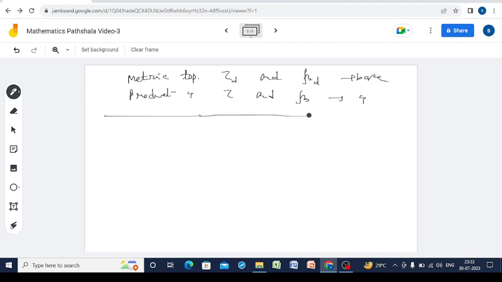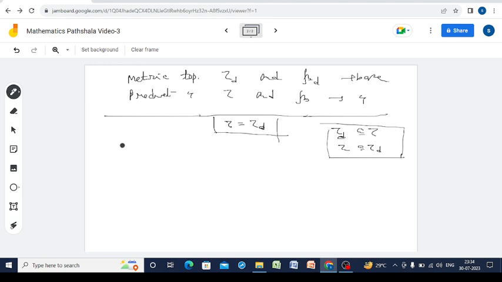This will be our notation, and what we need to show is that tau equals tau d. Then our problem will be solved. To show tau equals tau d, we first show that tau d is a subset of tau, and then we show that tau is a subset of tau d, then they will be equal.